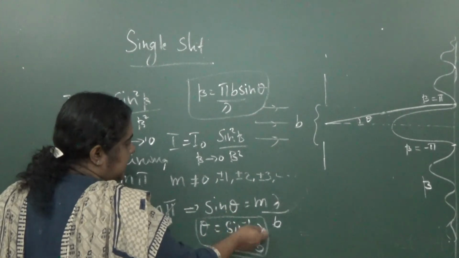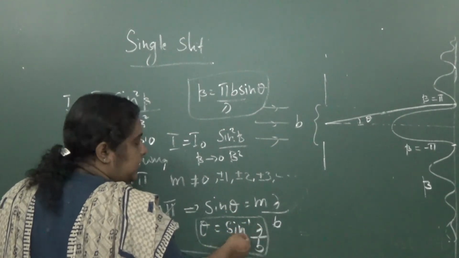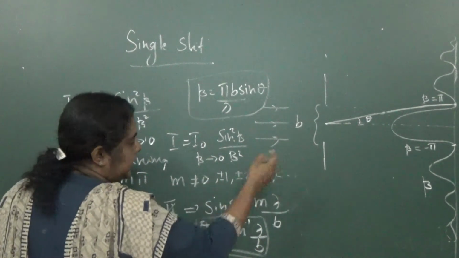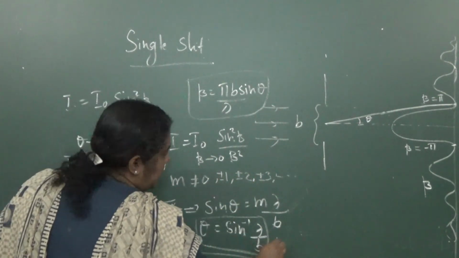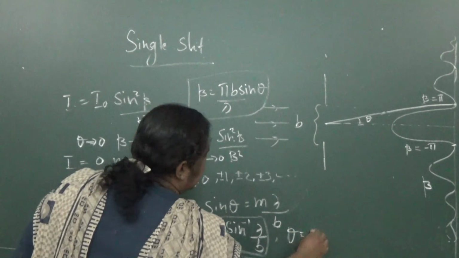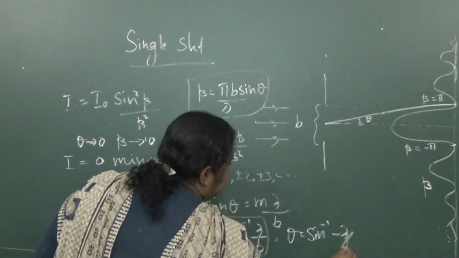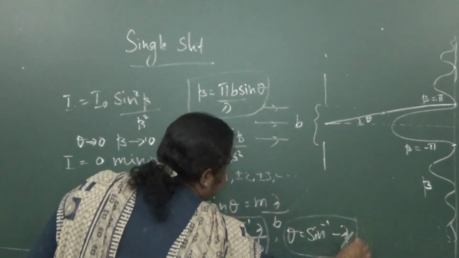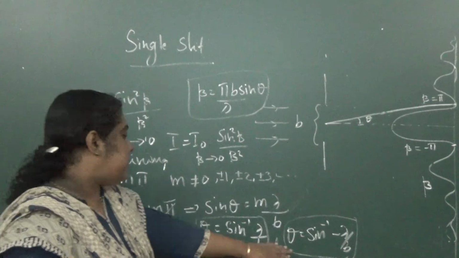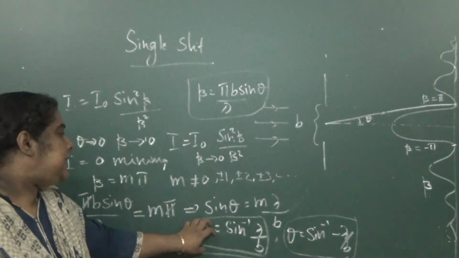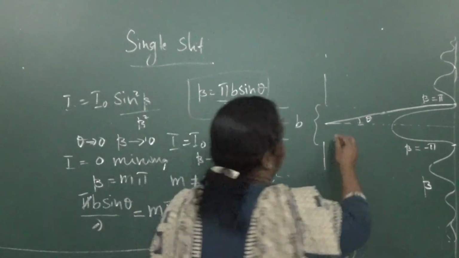sine inverse plus lambda by b and minus lambda by b give the minimum. Okay, also theta is equal to sine inverse minus lambda by b. At this angle also you are getting a minimum.